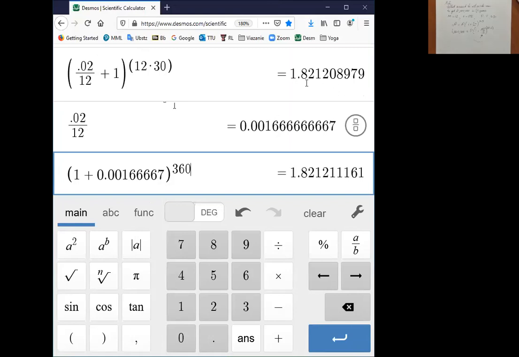Let us compare our results. So 1.8212, then we have 089 in the correct answer and 111 in the second one. So we have taken 6 significant digits for r over m. We have got the first 5 digits correct in our answer. So you see, it's very important.